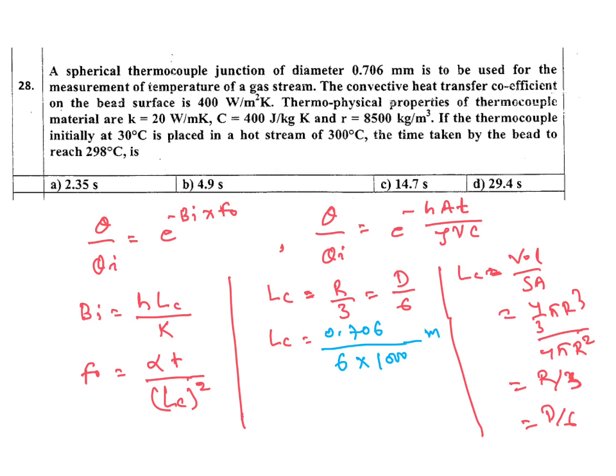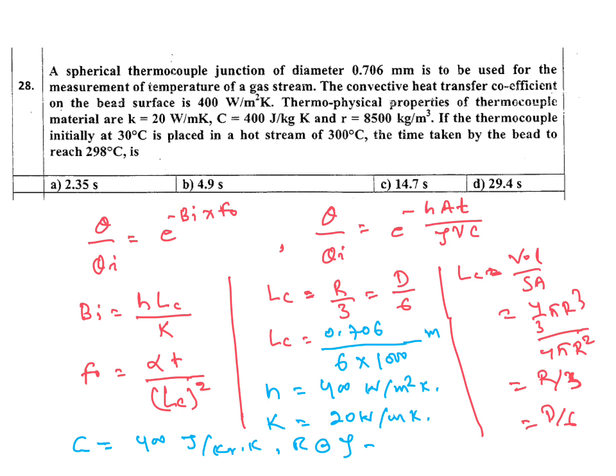Then convective heat transfer coefficient H is 400 watt per meter square Kelvin. Units are also important. Thermophysical properties: K equal to 20 watt per meter Kelvin, C specific heat is 400 joule per kg Kelvin, then rho is 8500 kg per meter cube.